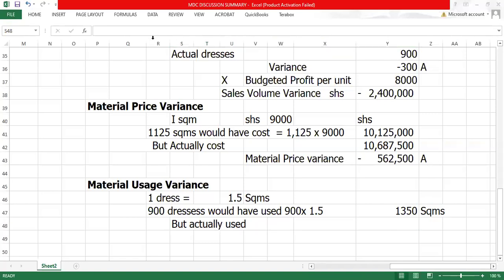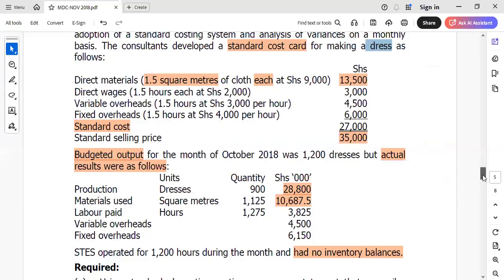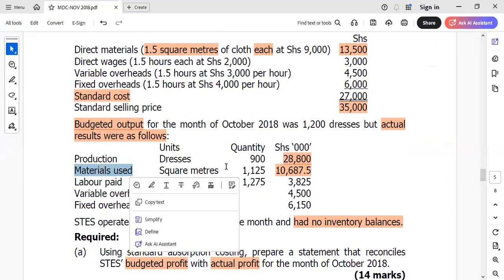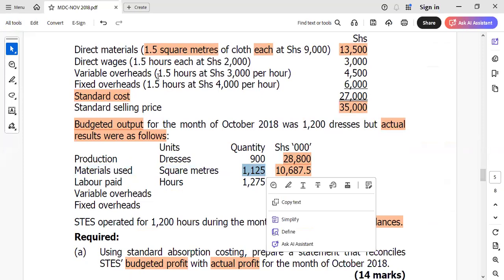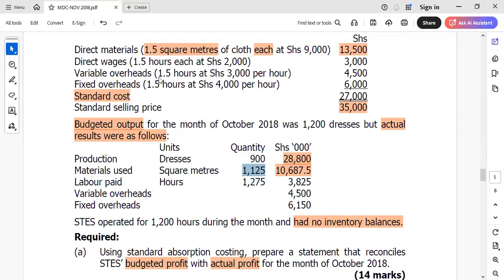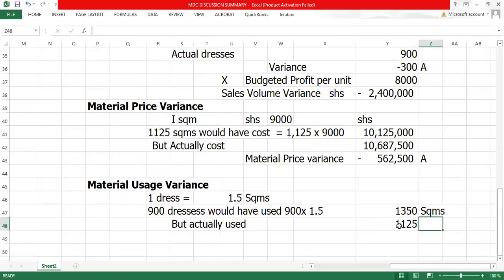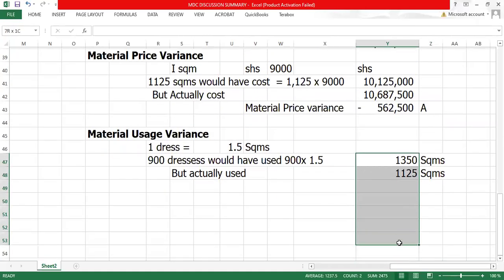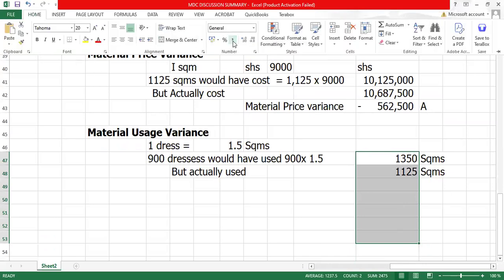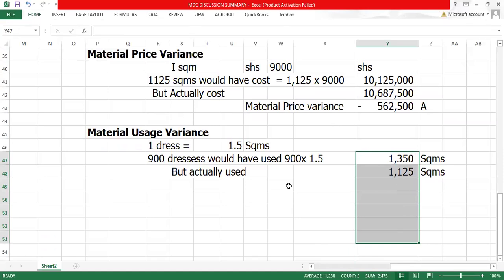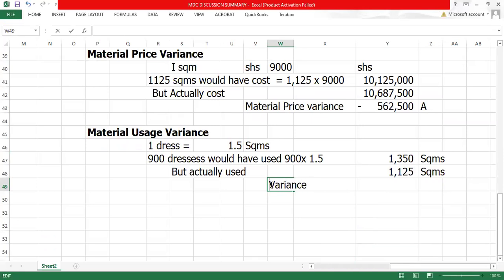They actually used 1,125 square meters of material. So the question is, do you have a favorable variance or an adverse variance? Is it favorable or adverse?